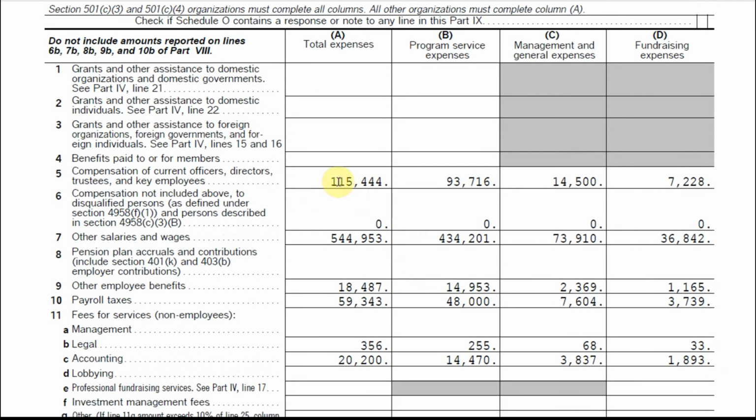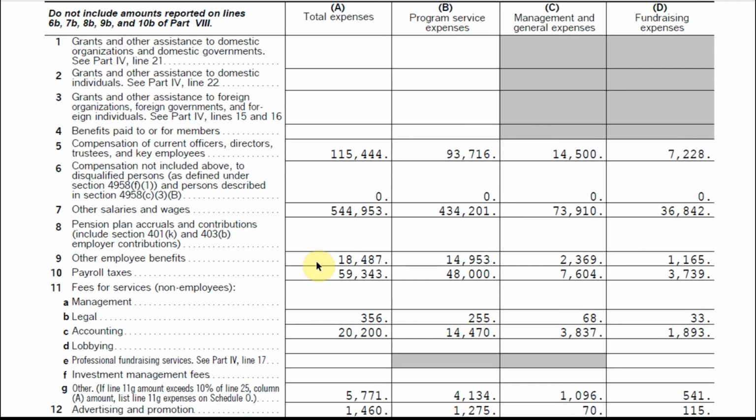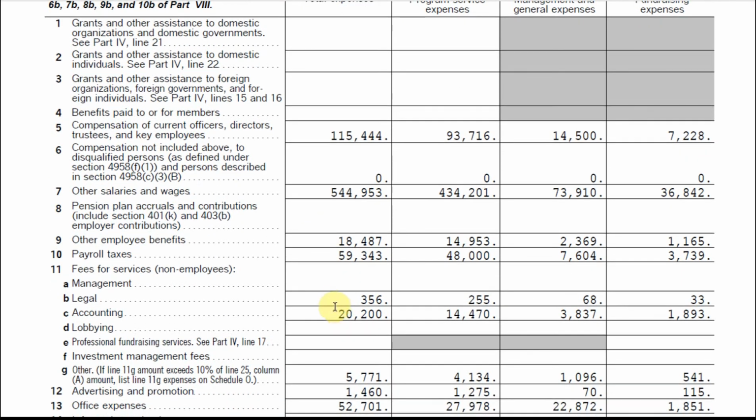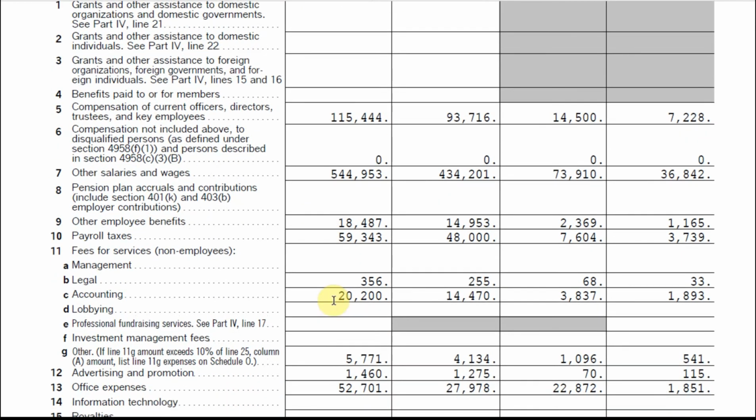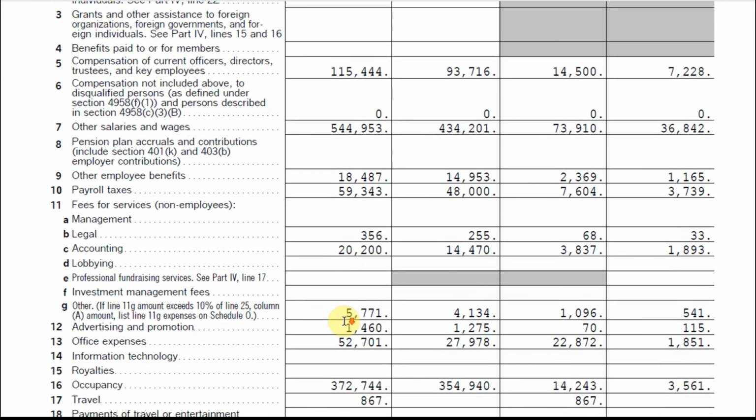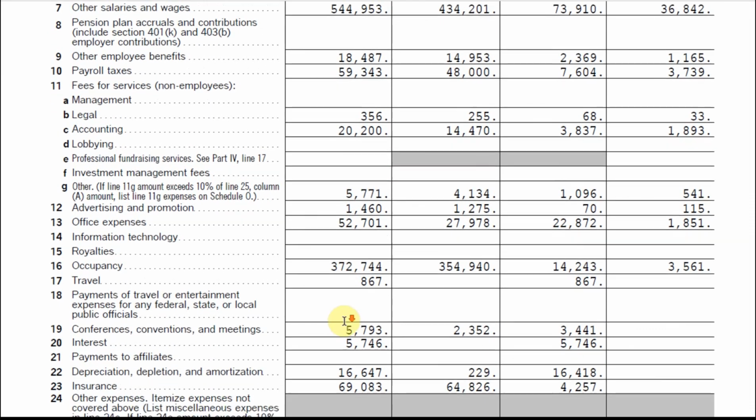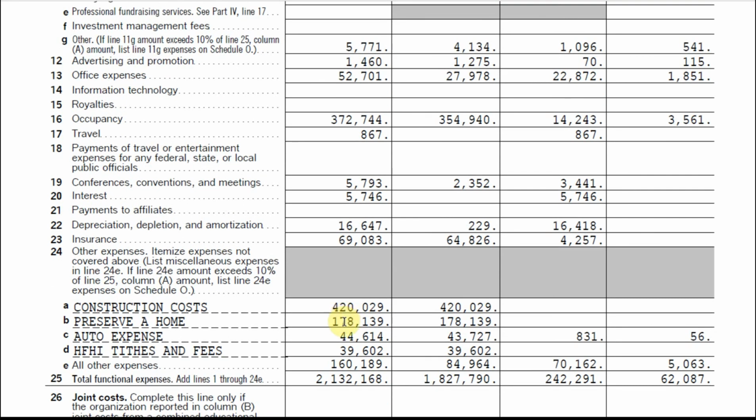You'll see this is the same number that came from Form Part 7, additional employee information and fees for non-employees, again related to some of this contractor work that we saw above. And then this other line item here, other expenses on line 24, shows you just what they think is worth categorizing. So definitely relevant as well.